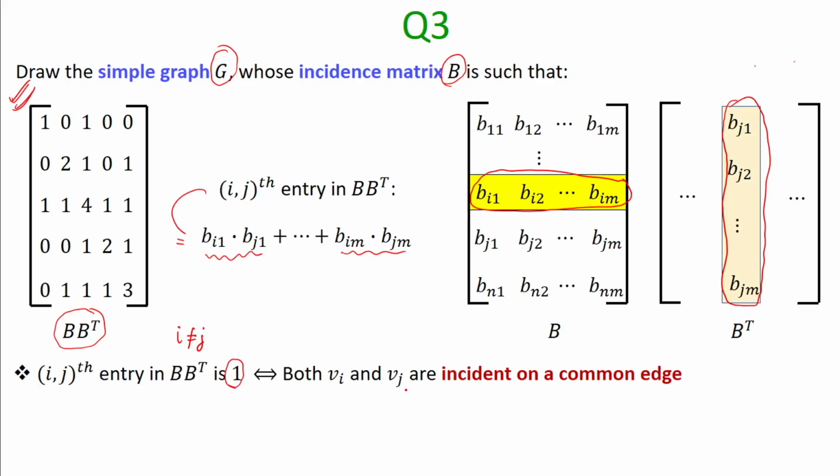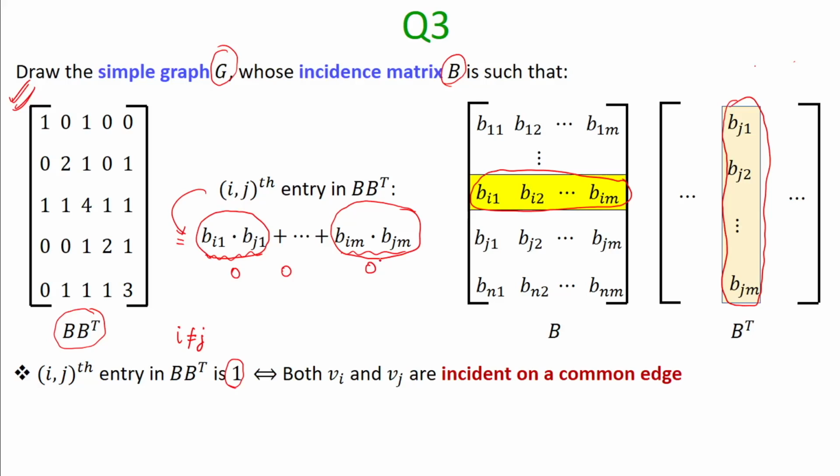This is because the i comma jth entry is 1 only if one of the values in this sum of m values is 1. If the first product in this sum is 0, the second product is also 0, and like that the mth product is also 0, then how can the i comma jth entry be 1?